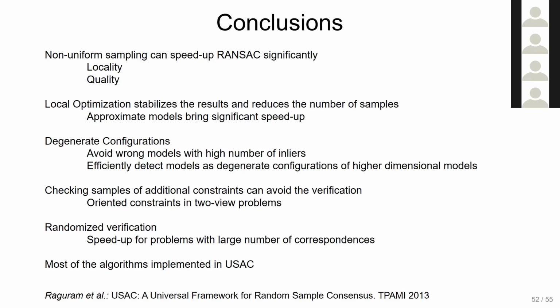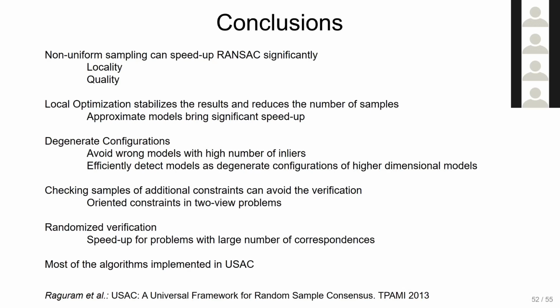And then I spoke about degenerate configurations where you typically want to avoid wrong models with a high number of inliers that are consistent with your degenerate configuration and some outliers. But this can also be used to efficiently detect models as degenerate configurations of some higher-dimensional models.